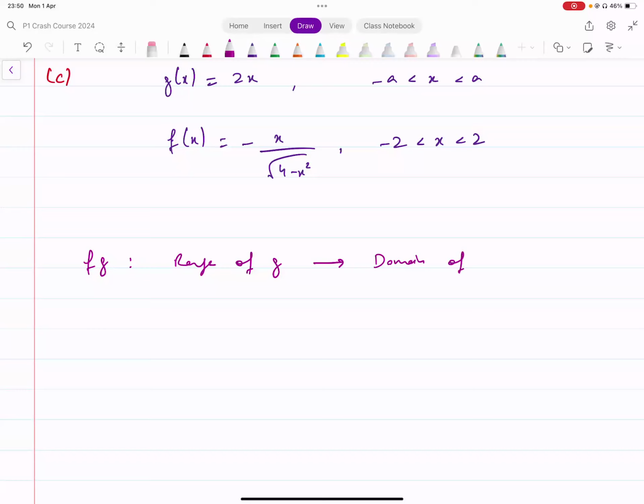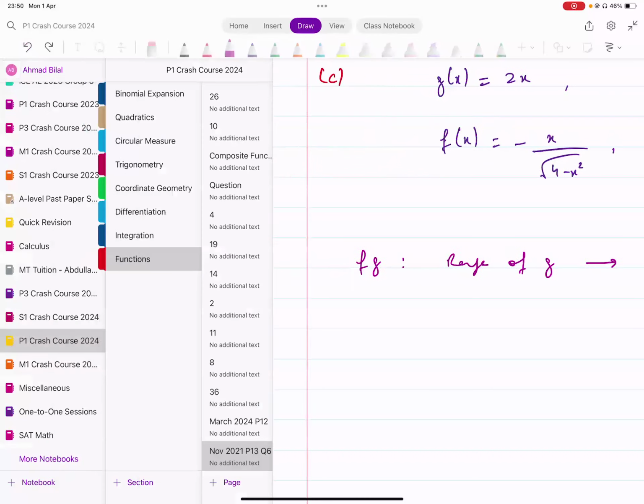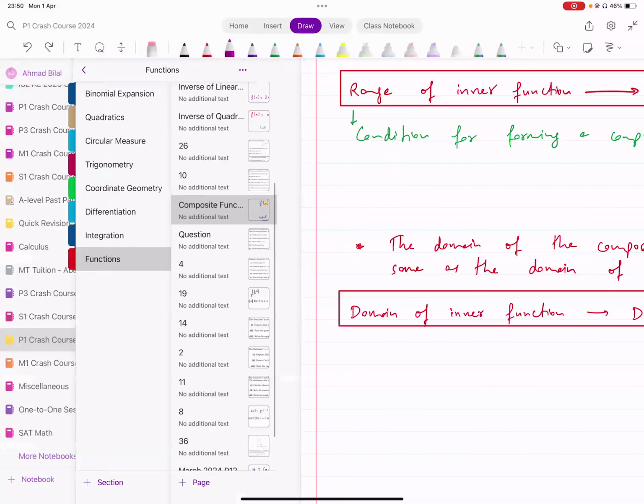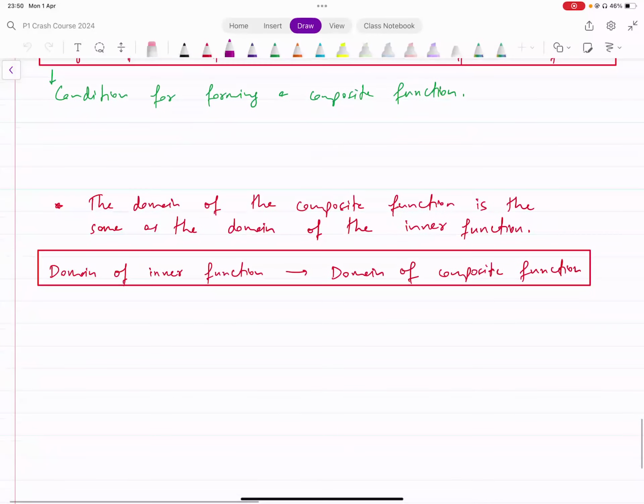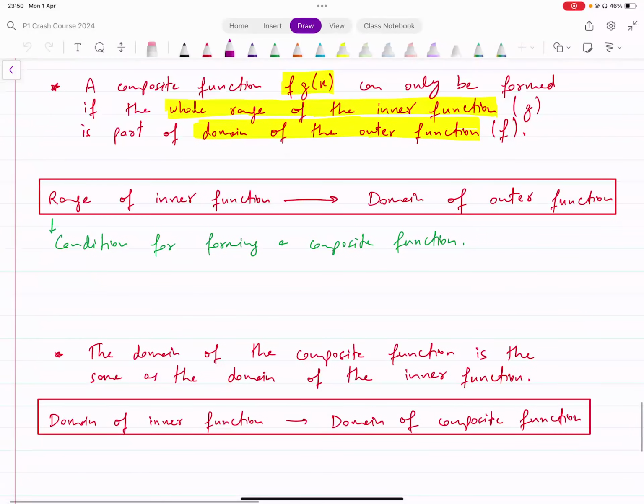What's the domain of the outer function f? That's x between minus 2 and 2. Remember that condition? We talked about this in composite functions. The whole range of the inner function should be part of the domain of the outer function, right?